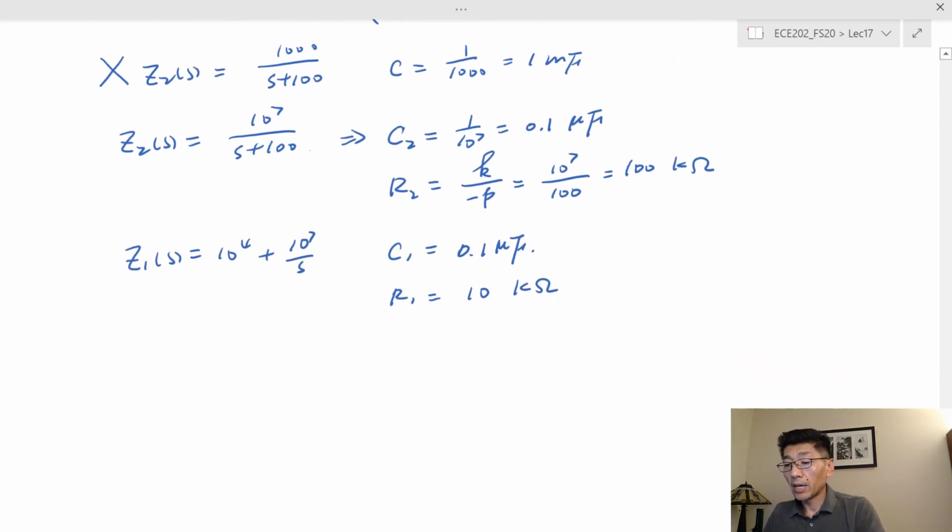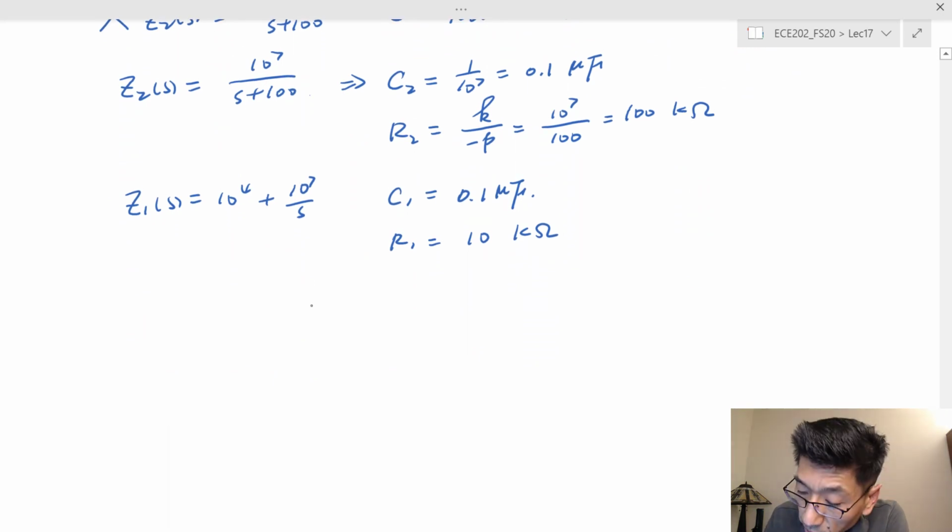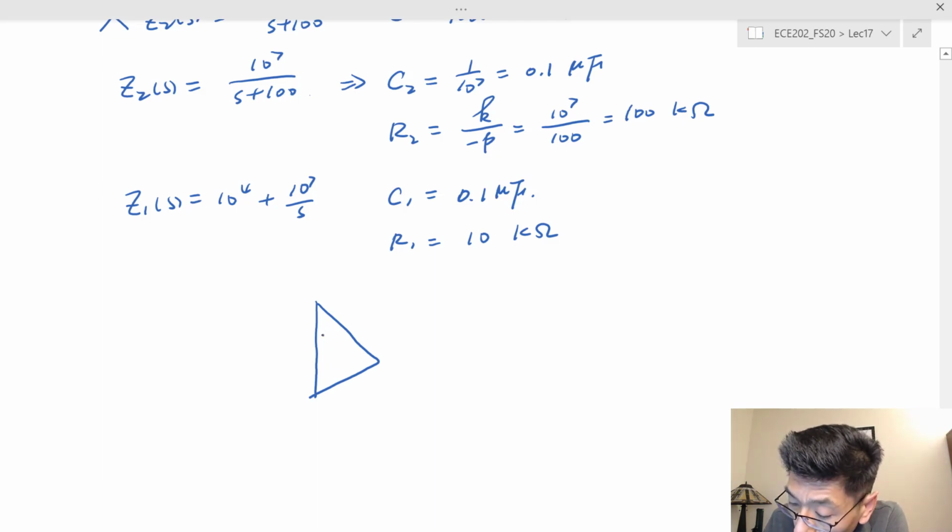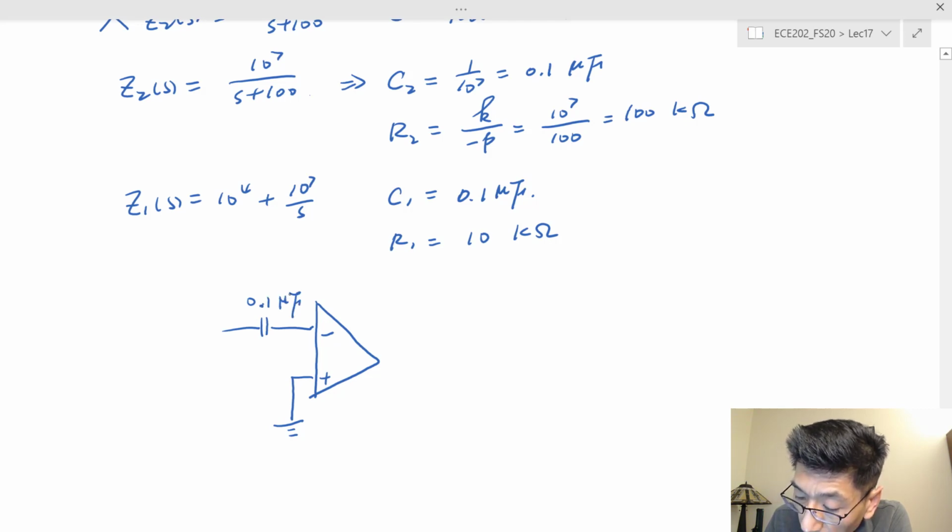So now I can have a circuit that should work to give us this transfer function, the inverting amplifier, and I have the series connection of the resistance and the capacitance 0.1 microfarad, and I have a resistance of 10K.